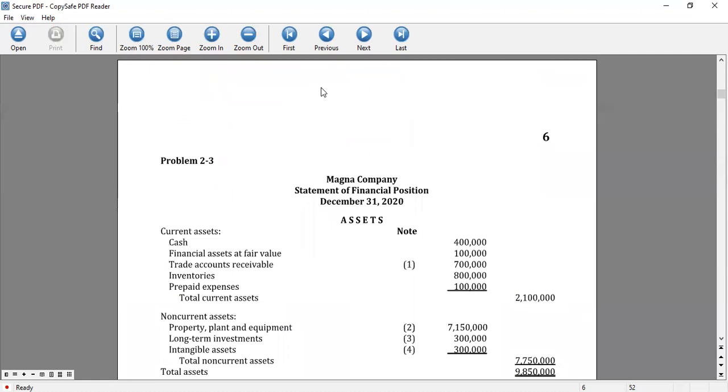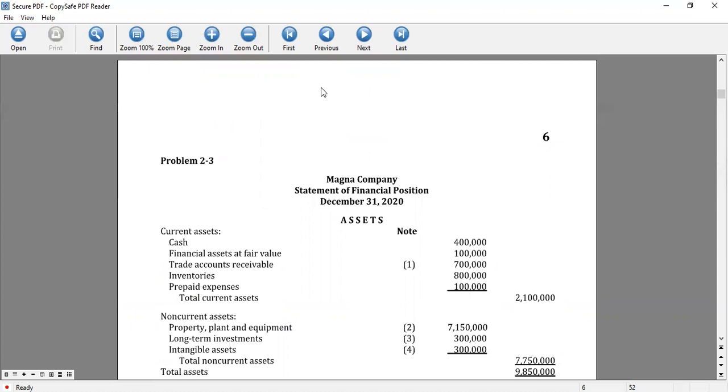So we have this statement. In 2-3, we have now the current assets, cash. So the current assets cash, the amount is 400,000. Okay, so where did we get this?